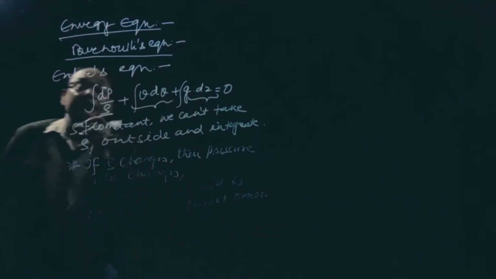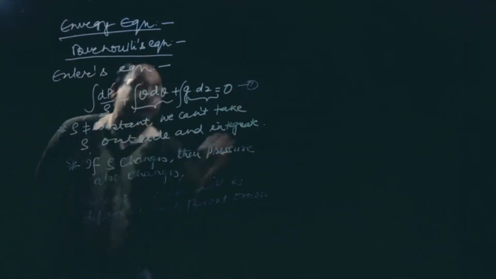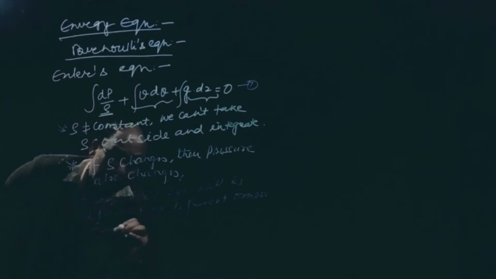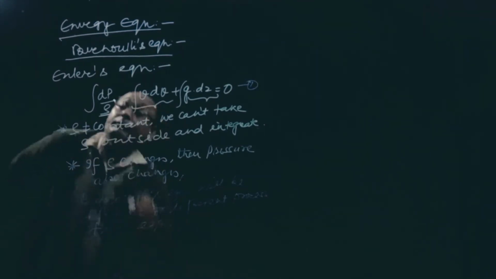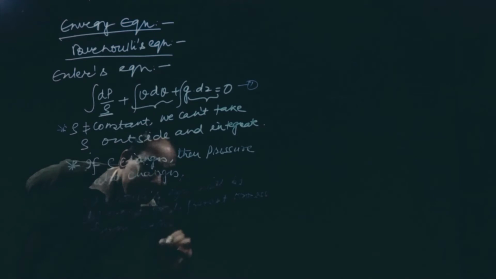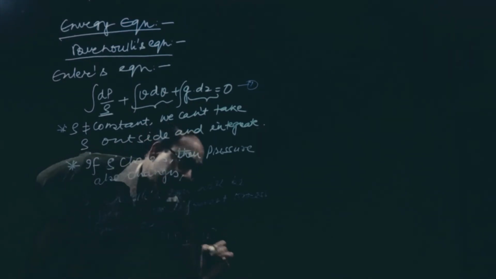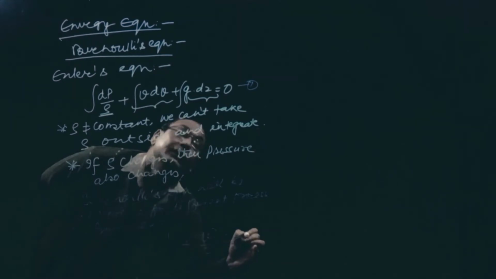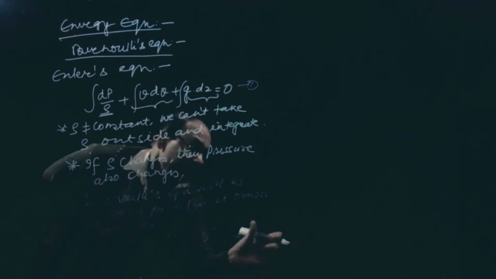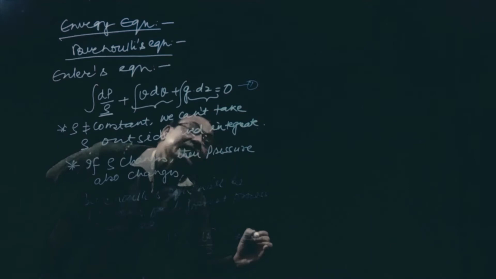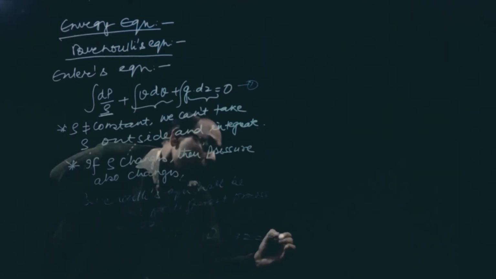Let us call it equation 1. From equation 1, if we integrate, it will be the integral of dp by rho, plus v square by 2 plus g into z is equal to constant.